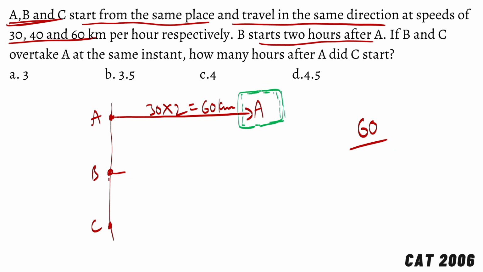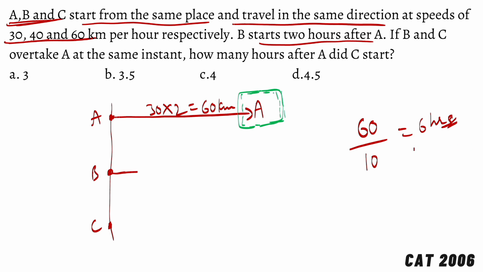As A and B are moving in the same direction, we must subtract the speeds. Speed of A is 30. Speed of B is 40. So the relative speed is 40 minus 30, that is 10. So the answer is 6 hours. B takes 6 hours to reach A.